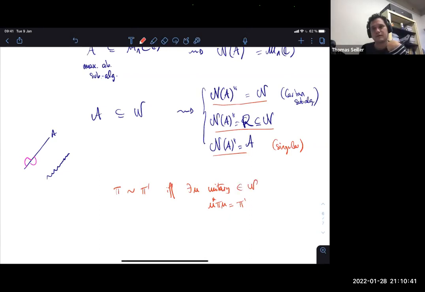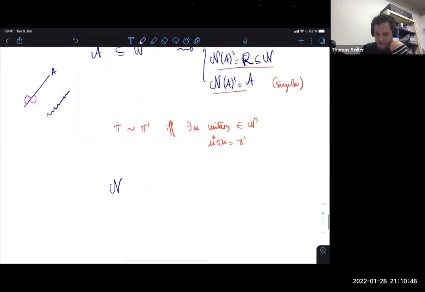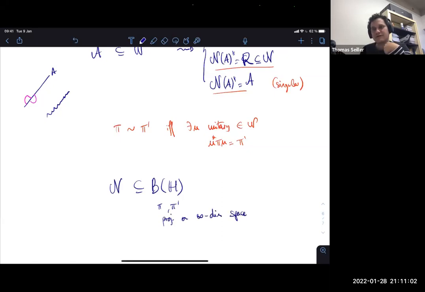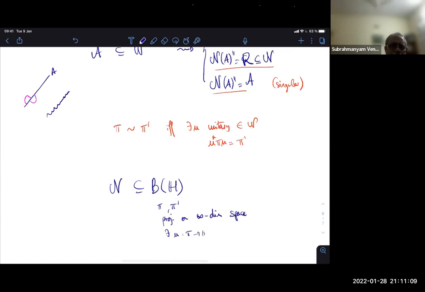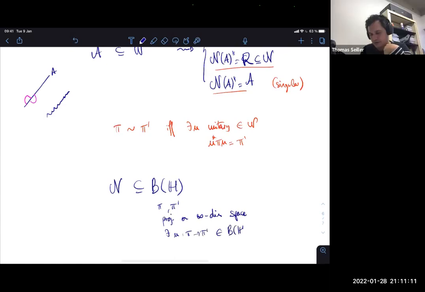And basically when you take a Von Neumann algebra sitting in B(H), you may have pi and pi prime projecting on infinite dimensional space, right? And this is witnessed by the fact that there's a U from pi to pi prime in B(H), right?